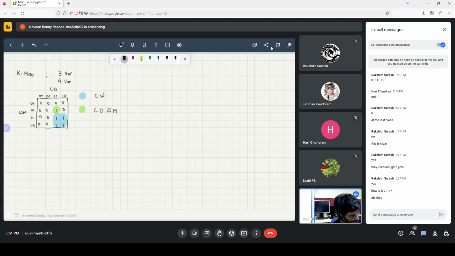Essentially, the blue is made out of C, D, W, M plus C, D, W, M bar plus C, D prime, W, M plus C, D prime, W, M prime.